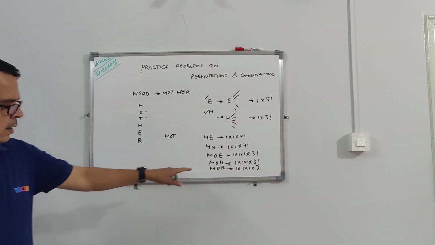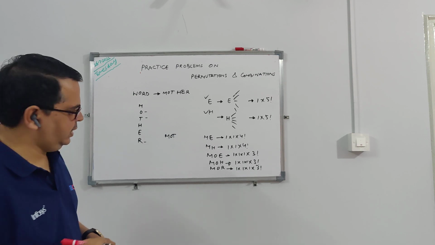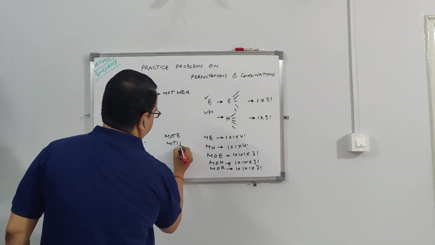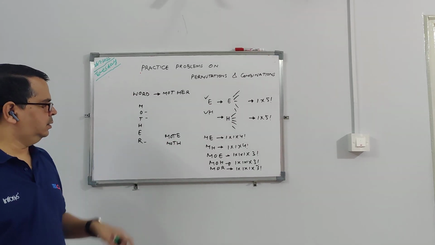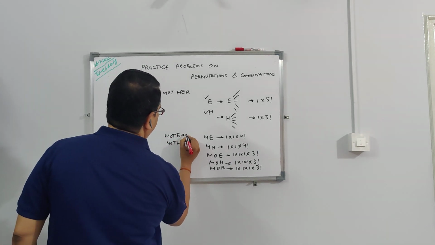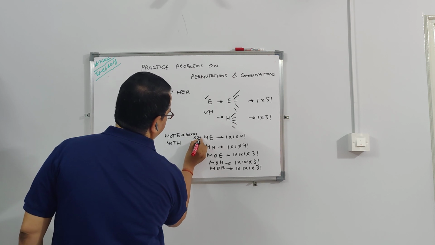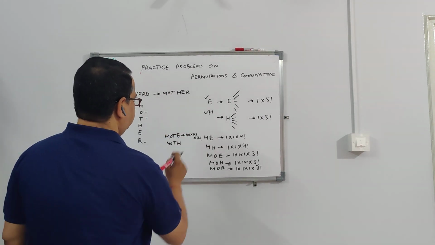After R it is T. So MOTE. After that will come MOTH. So MOTE is again 1 into 1 into 1 into 1 into 2 factorial. So this answer is 2 factorial.